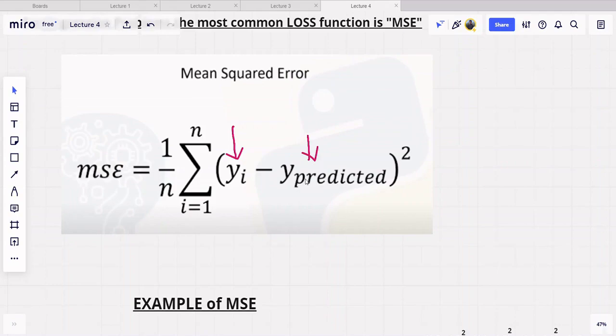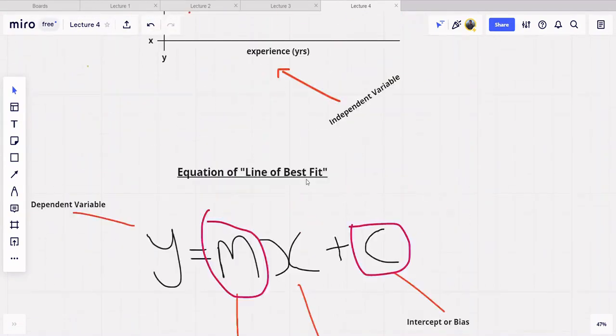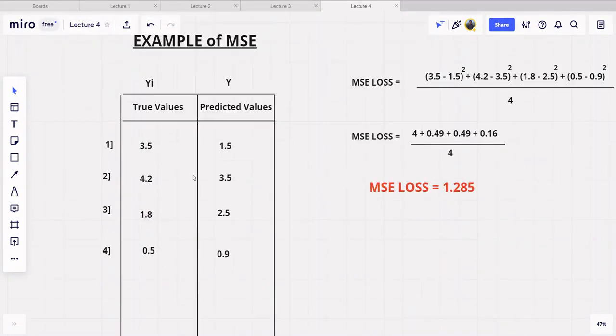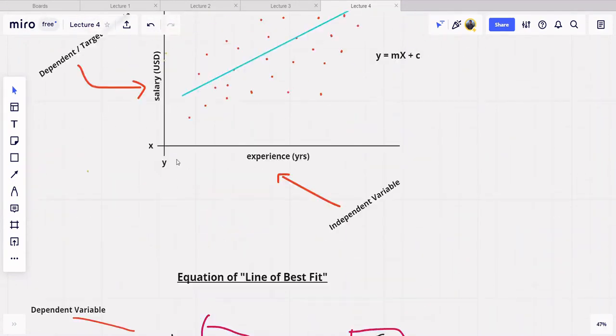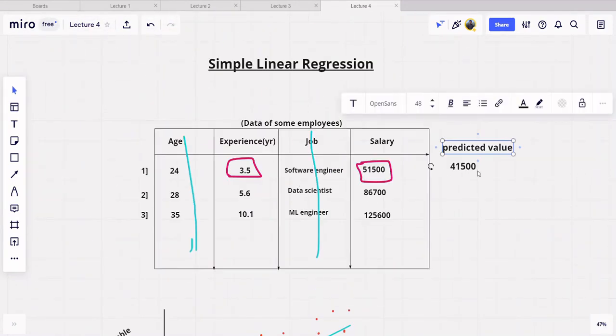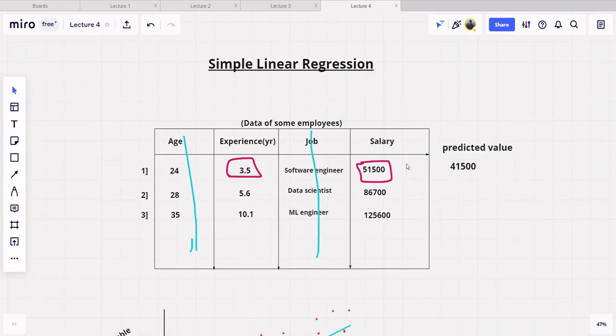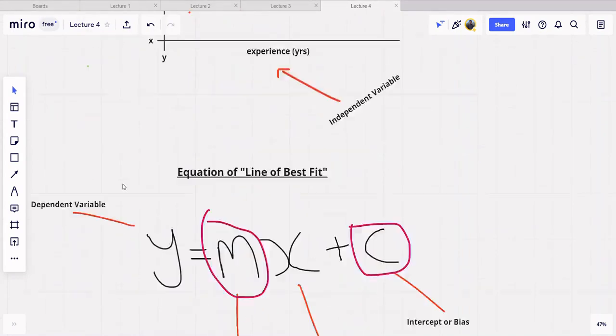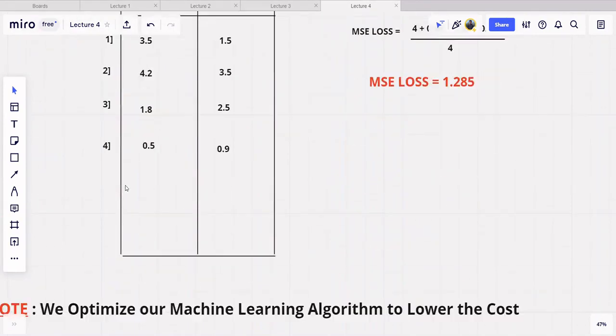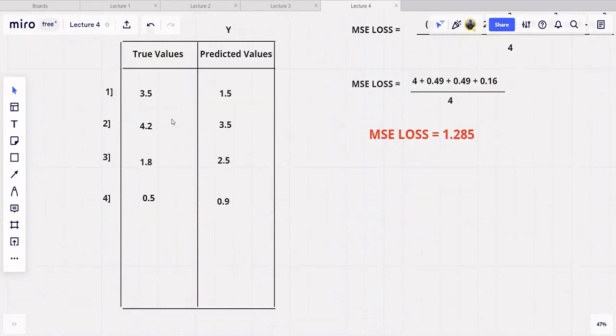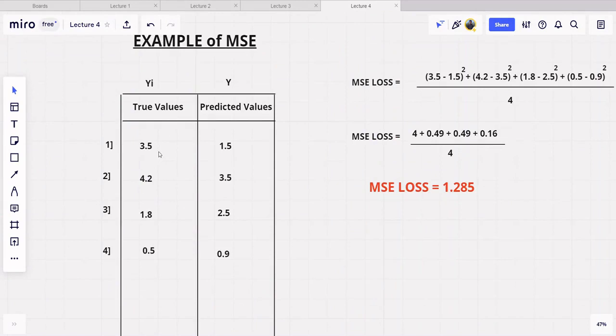So now let's say we made the predictions for all the rows, and these are the true values and these are the predicted values.